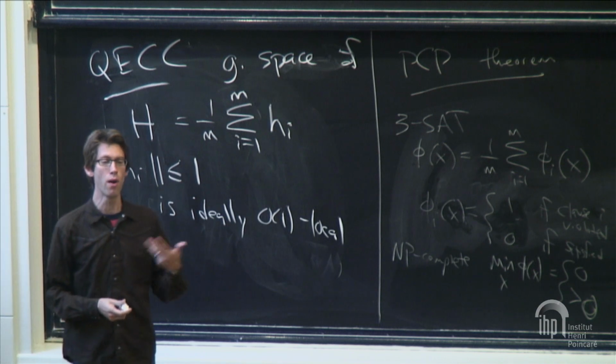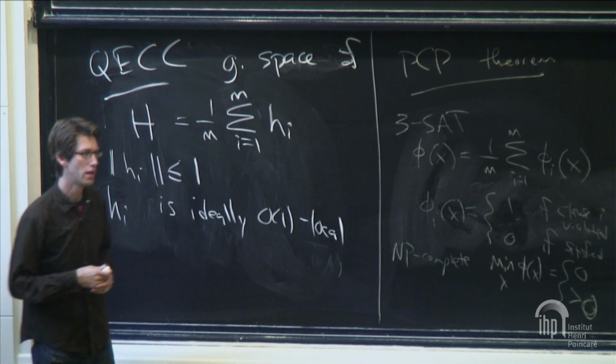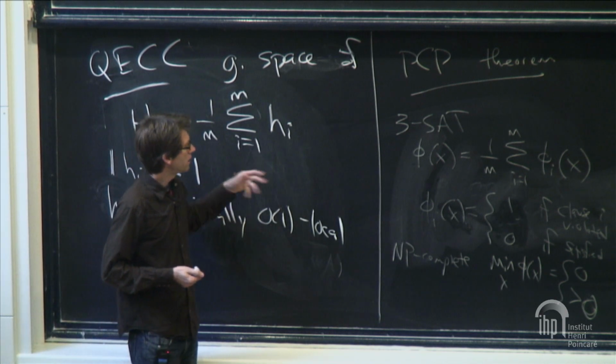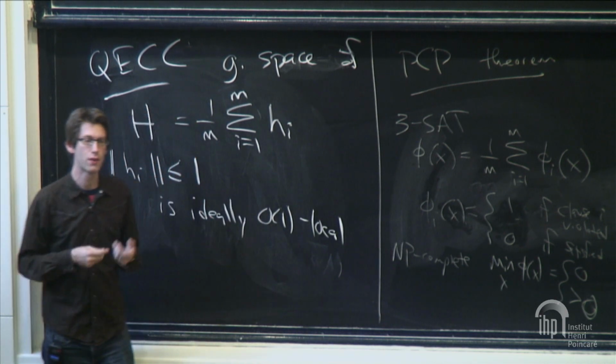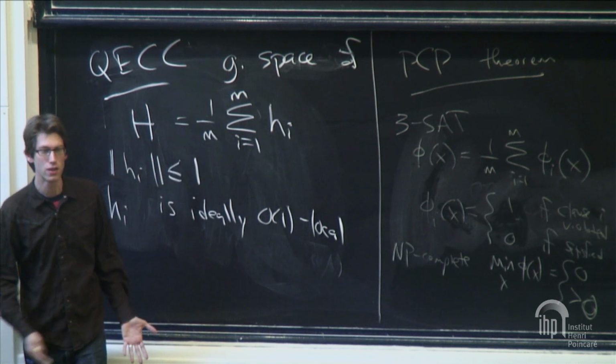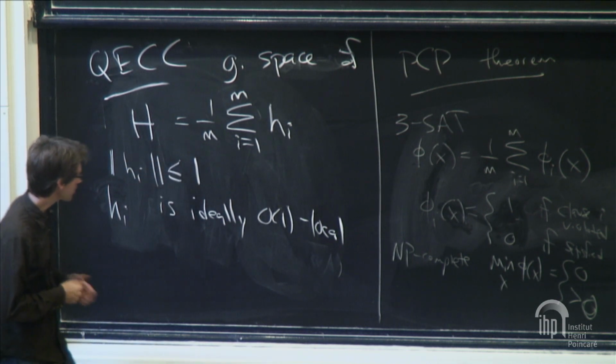If anything, this is more important in a quantum system, because to perform a quantum error correcting code, to check whether we're in the code space we have to measure all of these h_i. And the fewer qubits we have to interact, the better.